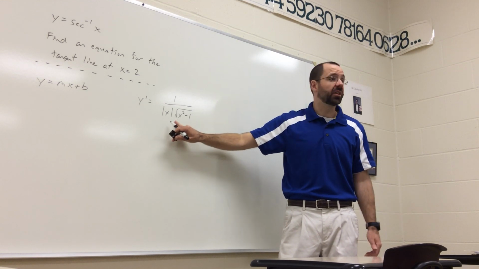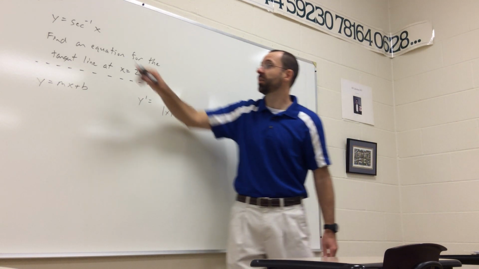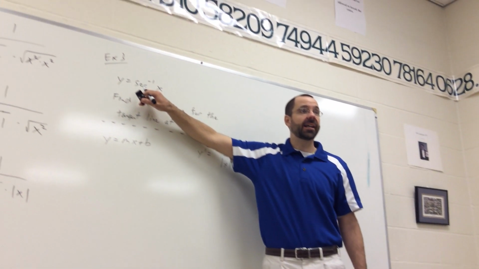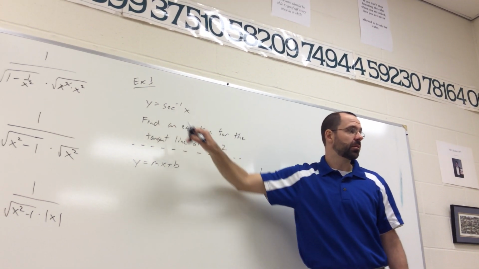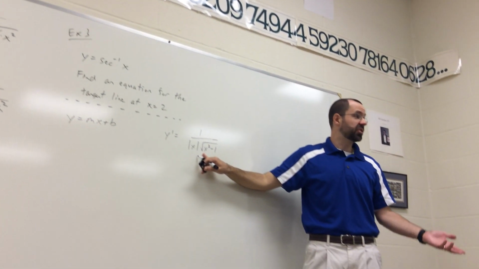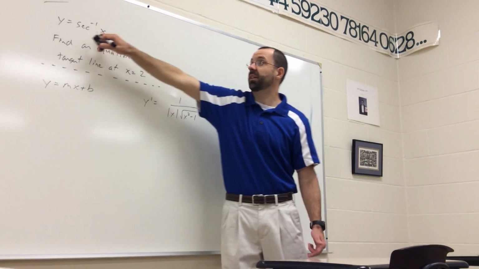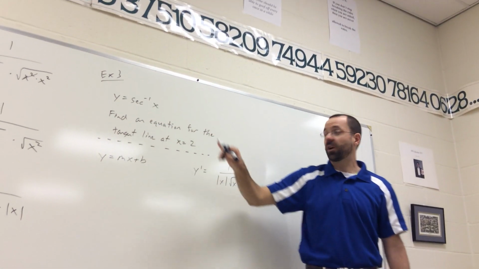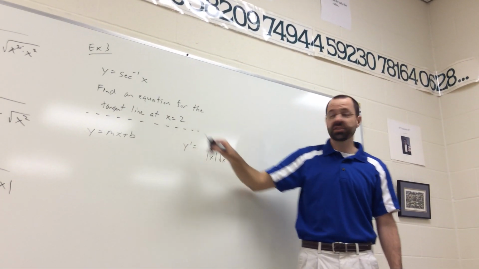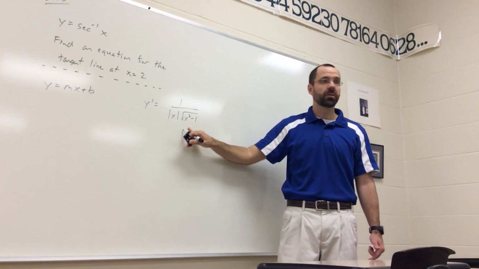And so this is a formula that'll tell me the slope of this graph at any number. This is the derivative, which tells me the slopes of this. So if I want to know the slope at 2, I just need to plug a 2 into this formula.